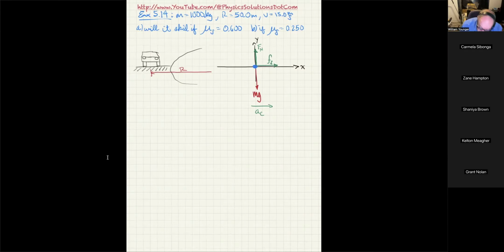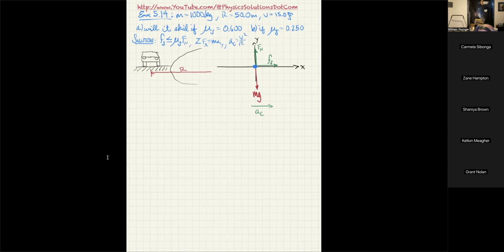And remember, F static is less than or equal to mu static times the normal force, but we also have the summation of forces is equal to mass times acceleration, in x or y. And we also have the centripetal acceleration is equal to v squared over r. So those are the equations we need.